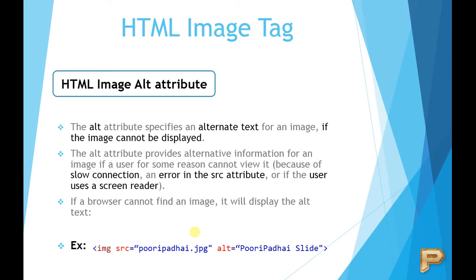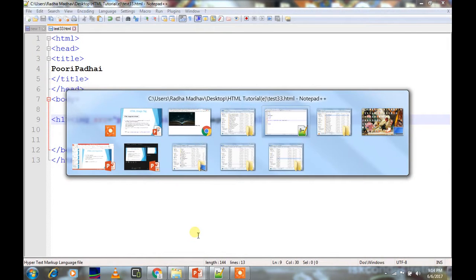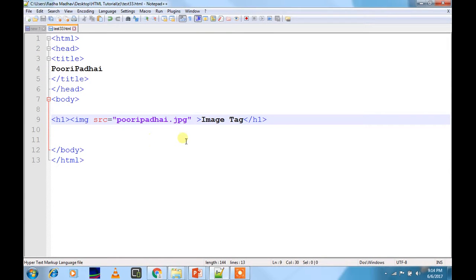So what is all this about alt? You can read this text by pausing this tutorial, but I will tell you directly the practical use of this alt text in Notepad++.